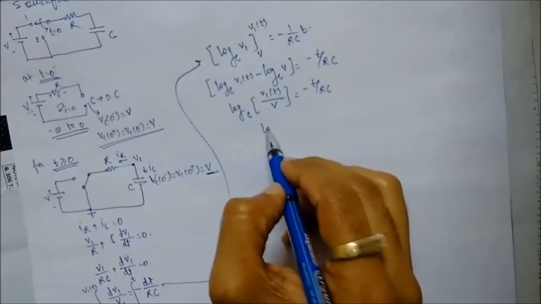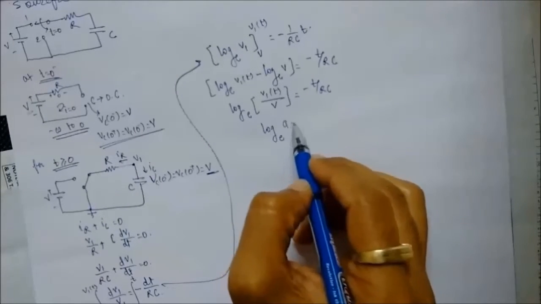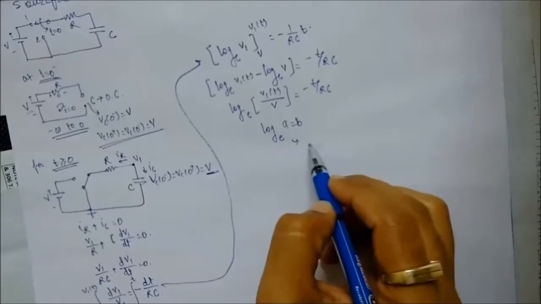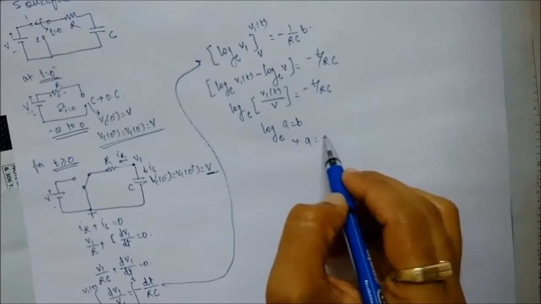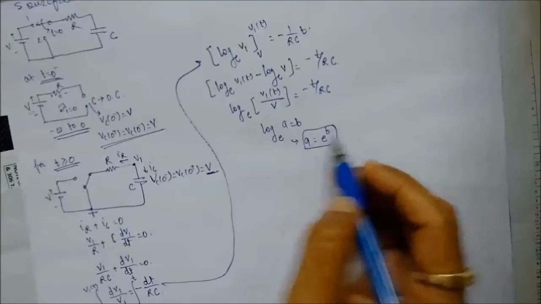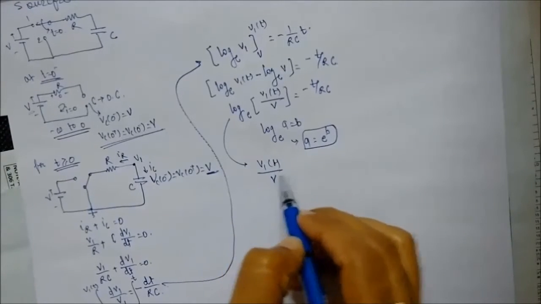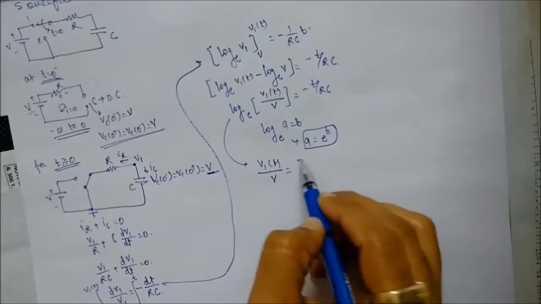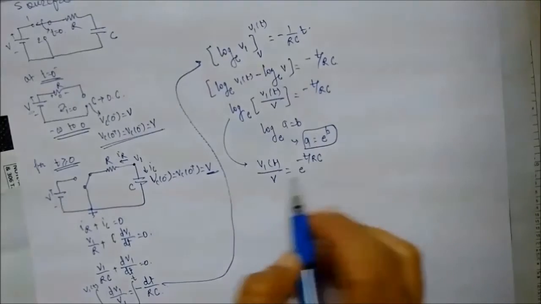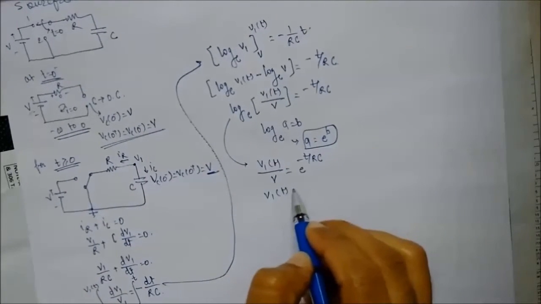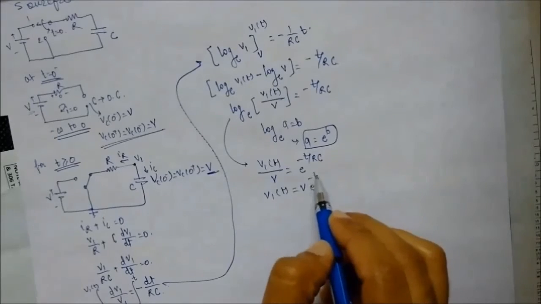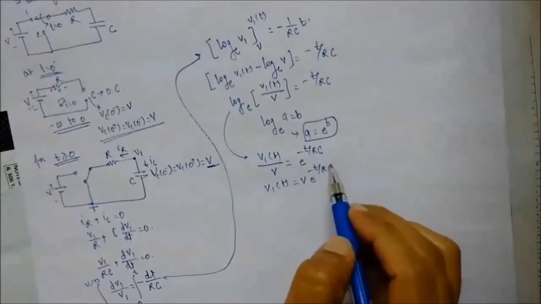Now we know that if log to the base e of a is equal to b, then we can write a is equal to e to the power b. So rearranging the same, we get V1(t) upon V is equal to e to the power minus t upon RC. So V1(t) is equal to V e to the power minus t upon RC.